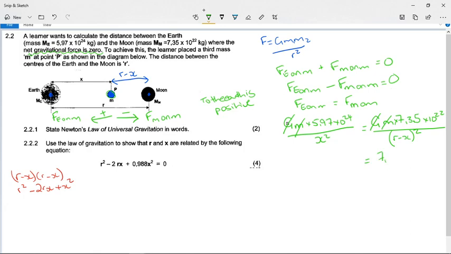So I end up with 7,35 times 10 to the 22 X squared is going to be equal to 5,97 times 10 to the 24 times whatever this expanded out to, R squared minus 2RX plus X squared.